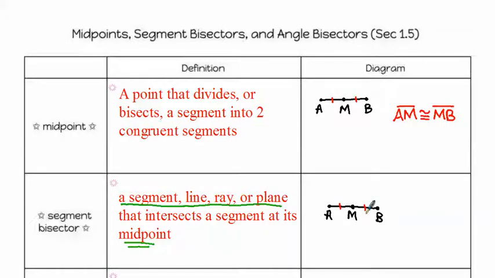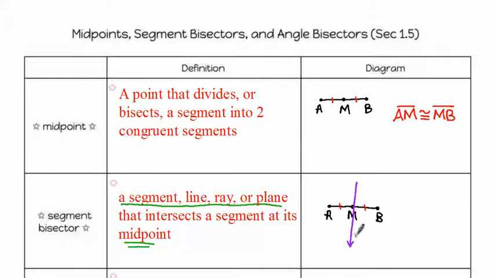Now in this case, a segment bisector has to be one of these 4 objects: a segment, a line, a ray, or a plane that intersects the segment at its midpoint, meaning it has to cross through point M. Now it doesn't matter if I draw a segment through point M, or a line through point M, or a ray from point M, but in some form I have some object that passes through point M.